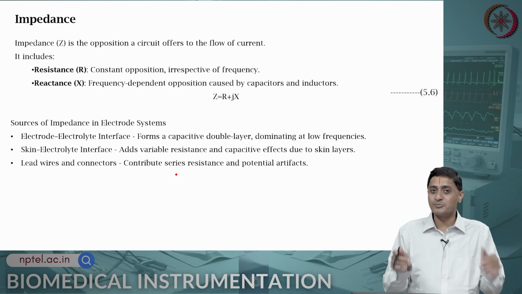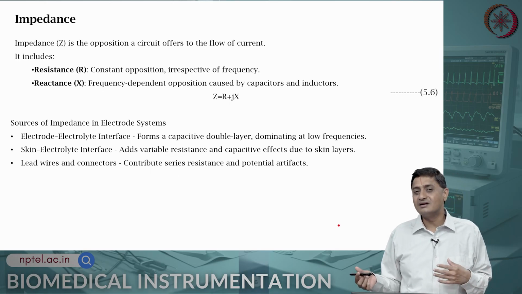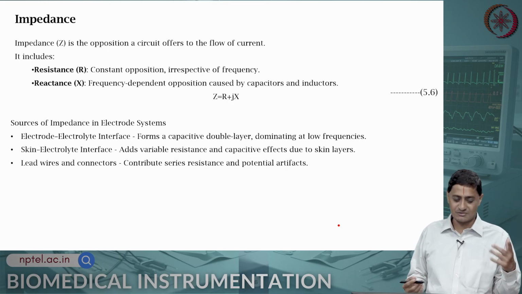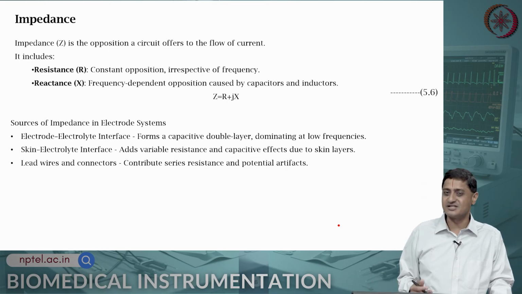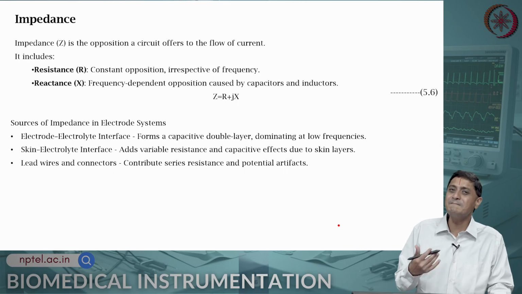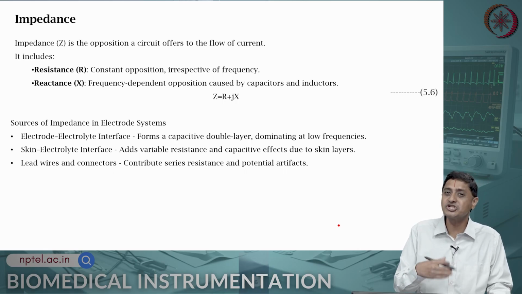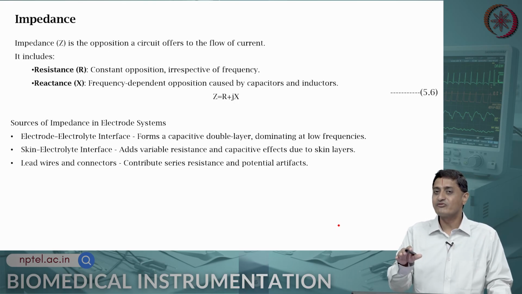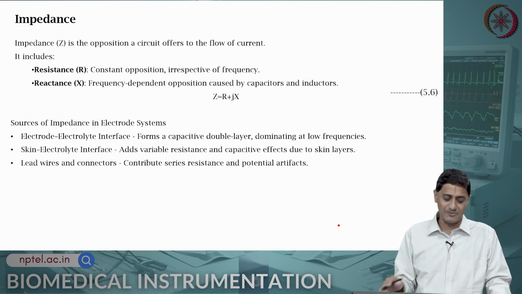So, the constant opposition is resistance, and the one that is governed by timing and frequency is reactance. A fundamental difference, but both are essentially impeding or obstructing the flow of traffic, in the case of the car or the vehicle. In our case, this is essentially flow of current that is being obstructed or impeded.